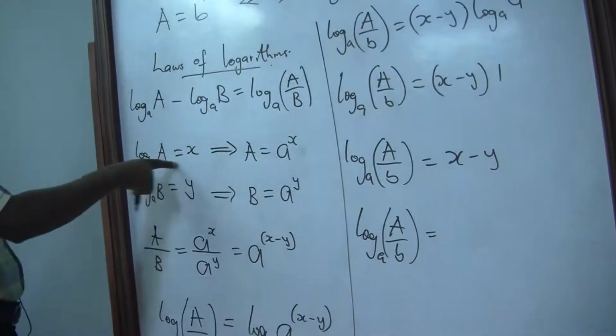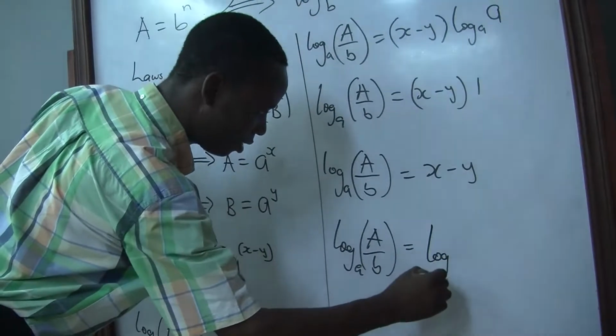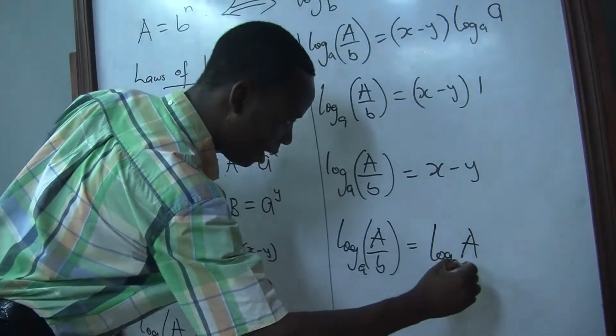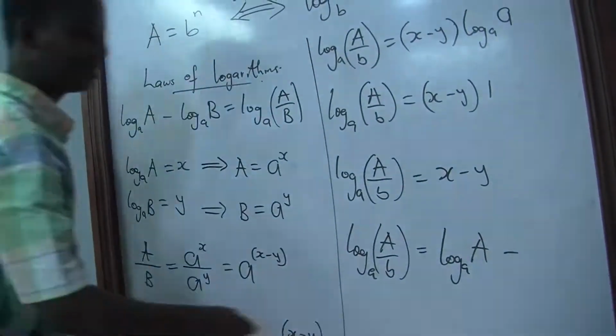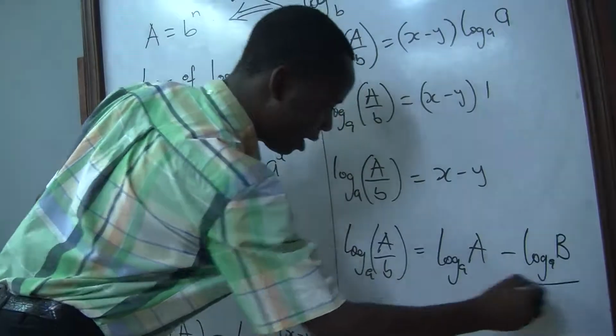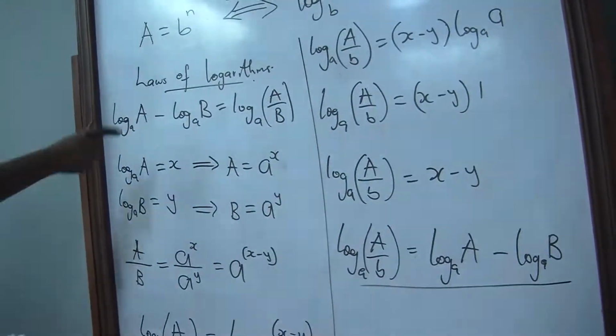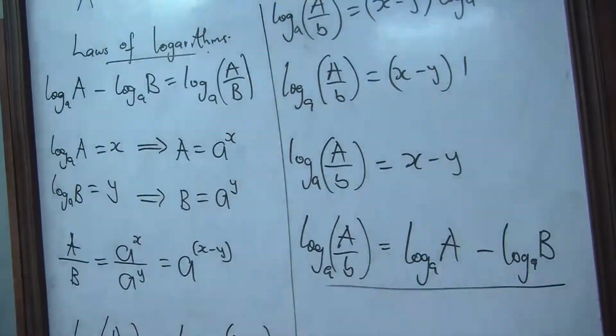X equals log A in base A, minus Y equals log B in base A. And that proves the second law for us.